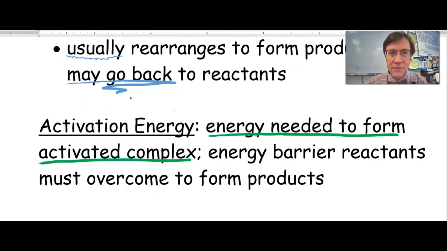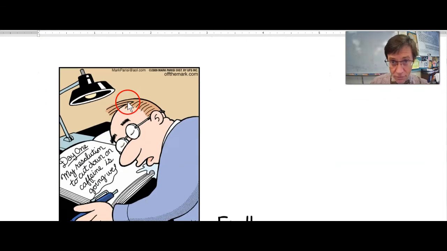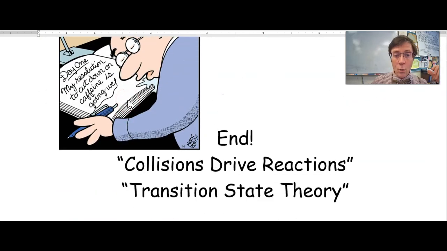And the last thing we looked at was activation energy, which is defined as the energy needed to make the activated complex, right? And that kind of gets things going. That's the amount of energy it takes to get a chemical reaction started. And then, that's it. So, what I want us to work on, to get these ideas mulling through our brain and think about them, are these things.